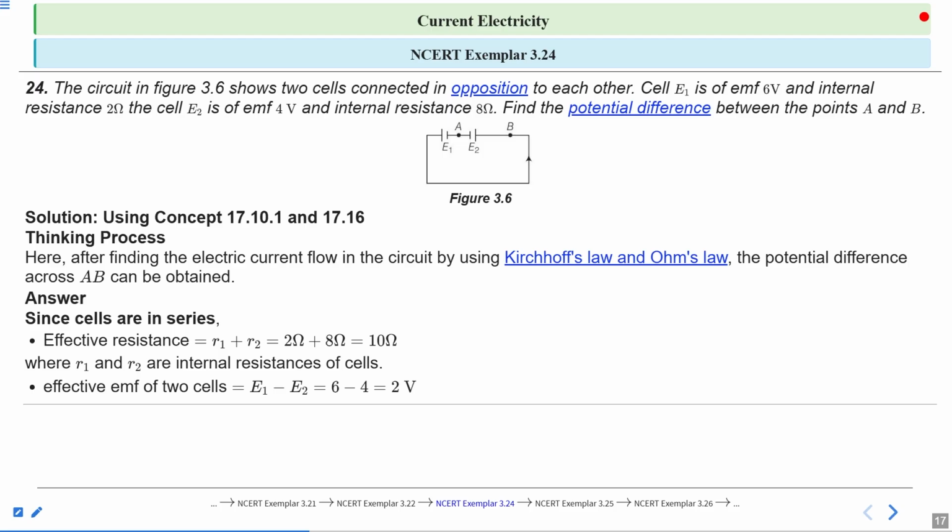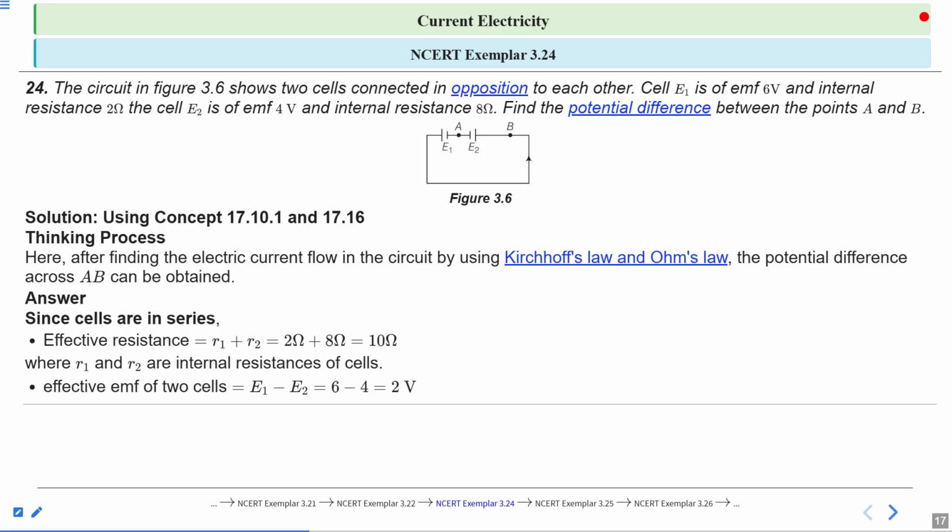Of which cell will we take the negative EMF? The cell with the smaller EMF will get the negative sign. Got it? So in this problem, E2 has less EMF, 4 volt. E1 has 6 volt. So E2 will get the negative sign. So effective EMF of two cells will be E1 minus E2, 6 minus 4, which is equal to 2 volt.